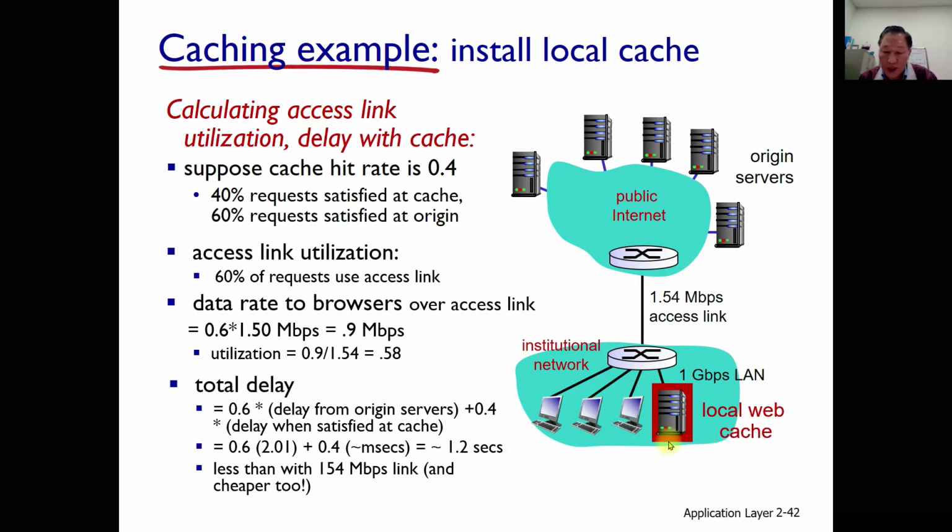But here we are using this local web cache, and this one is not expensive, and we can use it always. In the previous case, if we are using higher bandwidth, then every month we should pay a lot of money. But this one is cheap comparing to the previous bandwidth, and usually the performance of personal computers is so good, thus we can use a higher performance personal computer here.